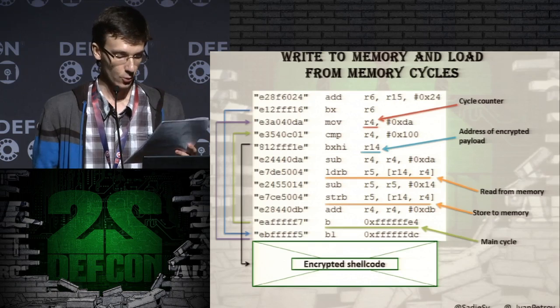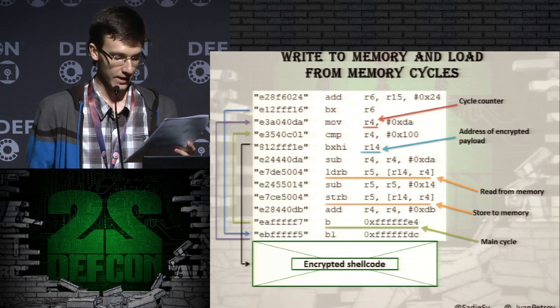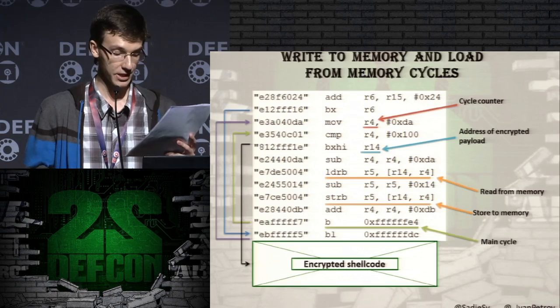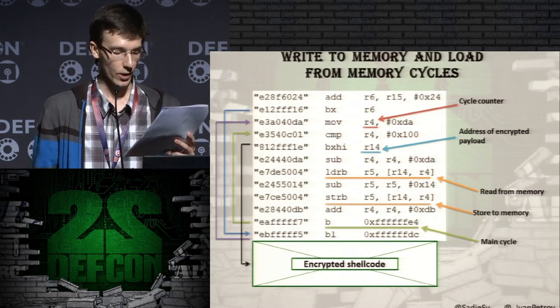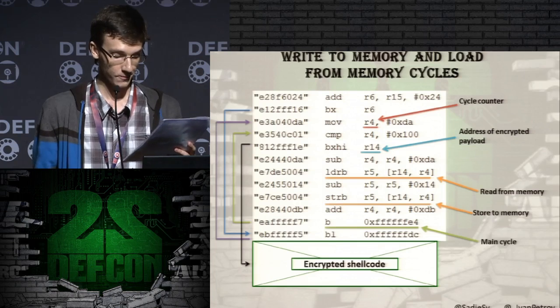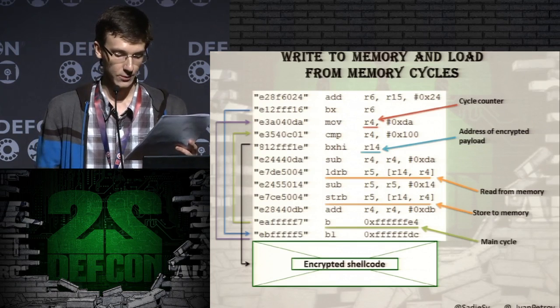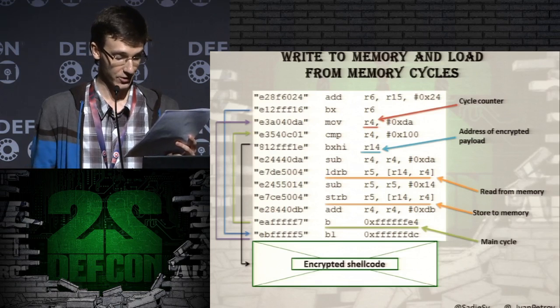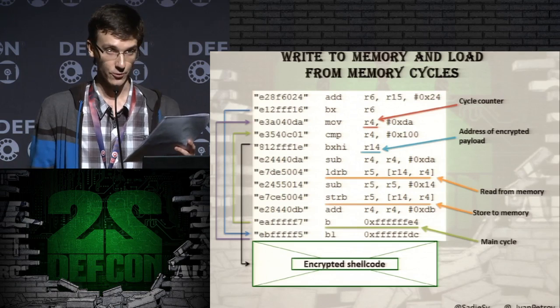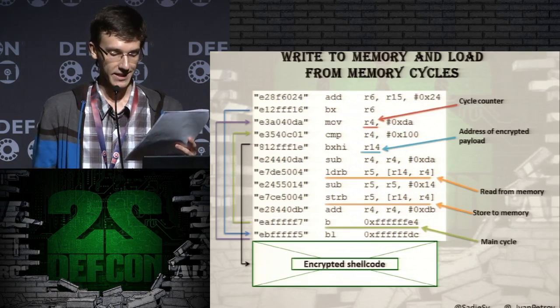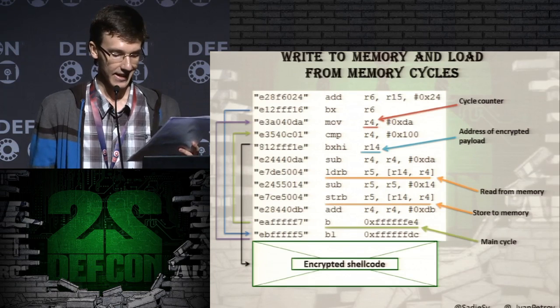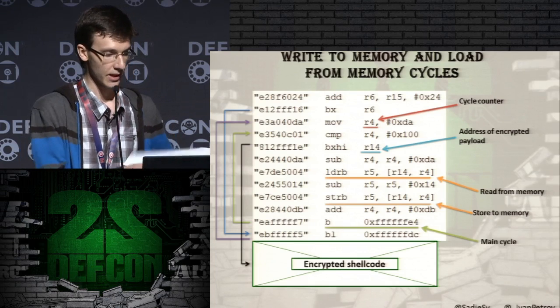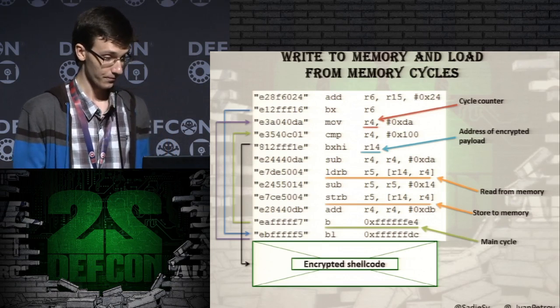In R4, we put the count of the cycle, and with the use of R14, we write the shellcode where the shellcode will be executed. In this instruction, we had put the value of the program counter register, so it refers to the shellcode. We see there is a cycle and it covers two instructions, load and store.